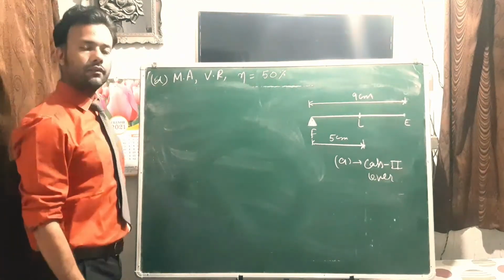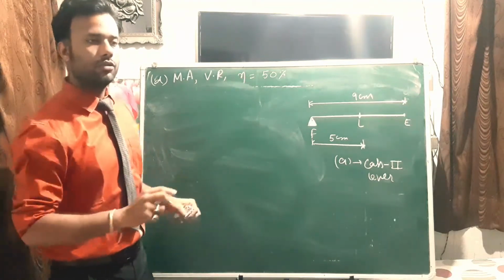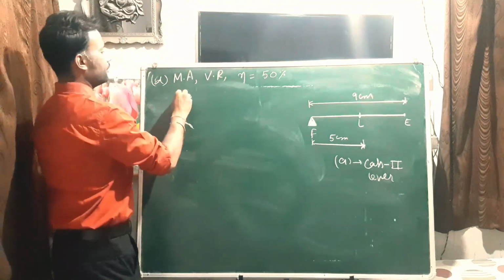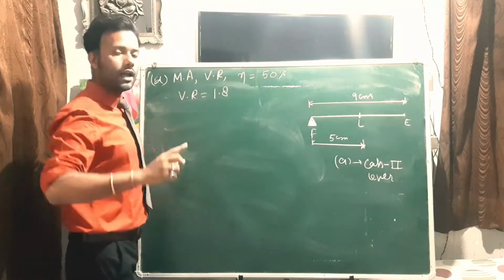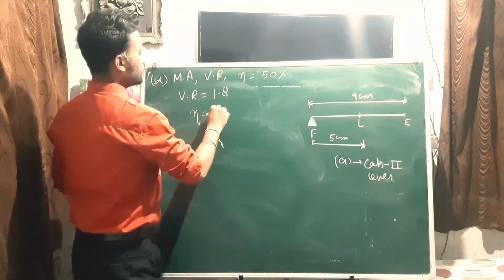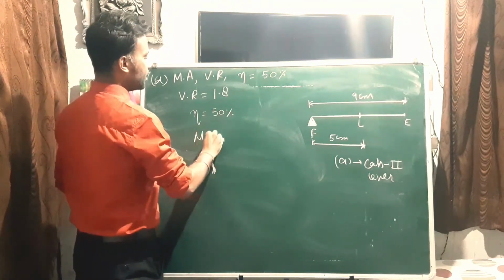So in this part we have to calculate MA and VR if efficiency is 50%. As I told you, VR never changes. So VR in this case will again be 1.8, as in the previous case. Now efficiency is 50%. So what was the formula of mechanical advantage?